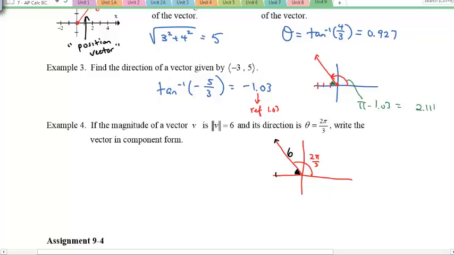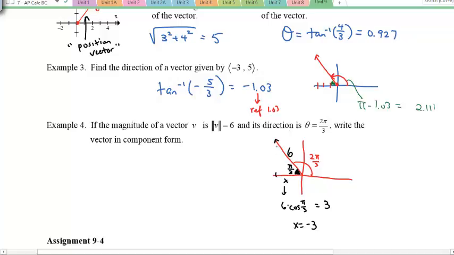Well, by drawing this picture, I hope you can see that this reference angle is pi over 3. And then you can find out the x value by taking cosine of pi over 3. So x equals 6 times cos pi over 3. In that case, it's, I believe, 3, but because it's in the negative direction, we could just say that this x value is negative 3.